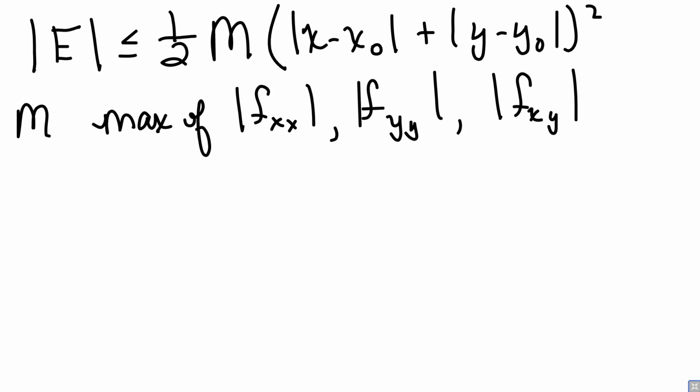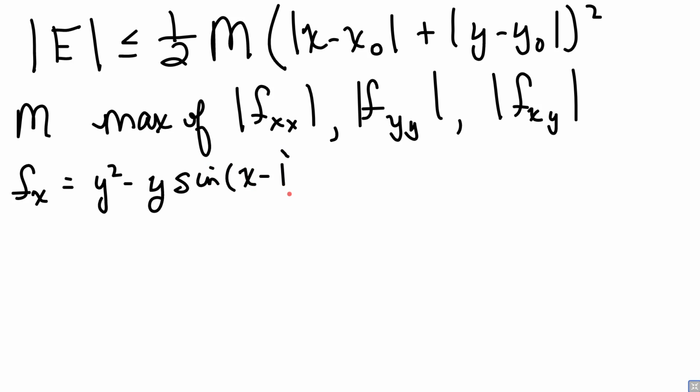So what we need to do first is to go ahead and use the information that we started off with originally. We said that the partial of f with respect to x was equal to y squared minus y times the sine of x minus 1.